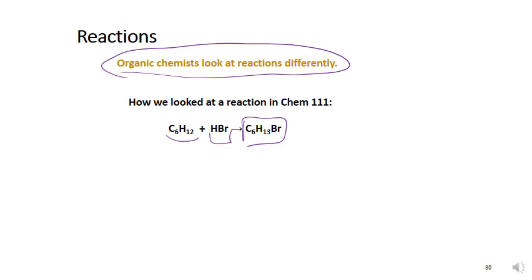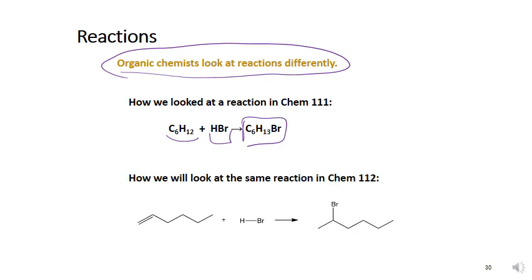Well, you have to look at the reactions in a different way. So this same reaction here, remember, C6H12, so what might we consider that to be? What kind of molecule would you expect that to be?